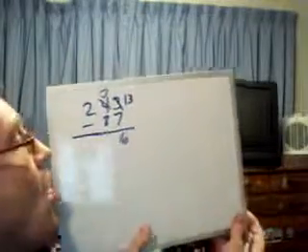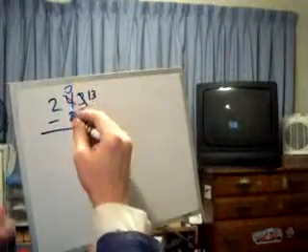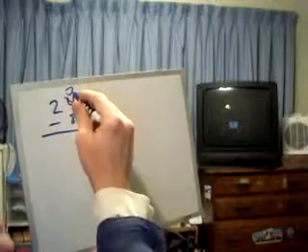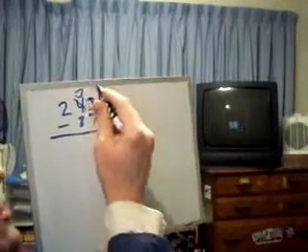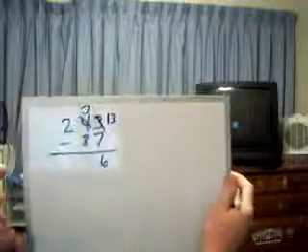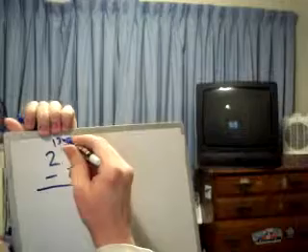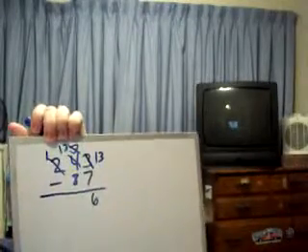Now, obviously, we can't subtract 8 from 3 without producing a negative result. So, here's how we did that. We then turned this into 13, and in order to turn this into 13, we had to turn this into 1.